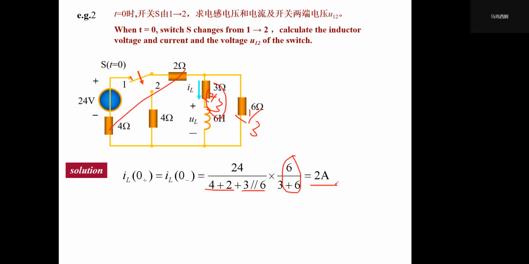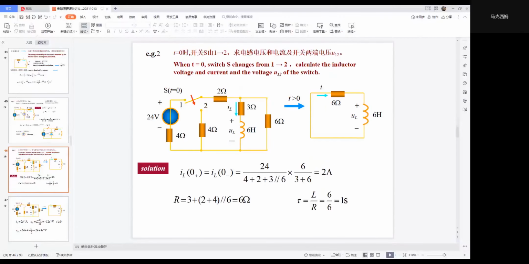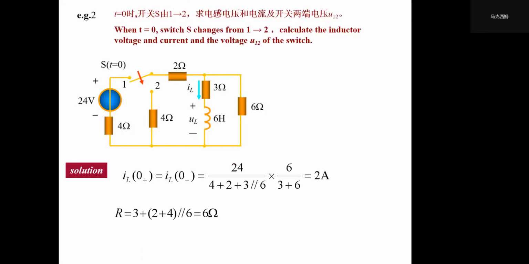So we could transform the circuit and say the equivalent R equals 6 ohm.